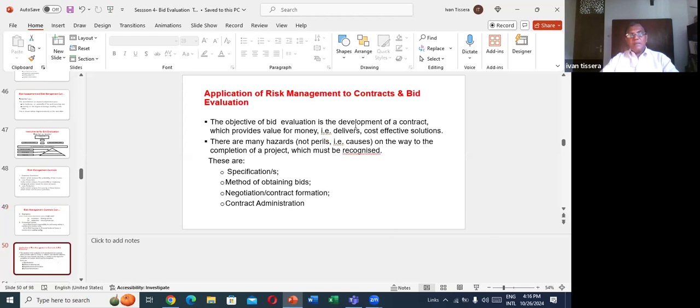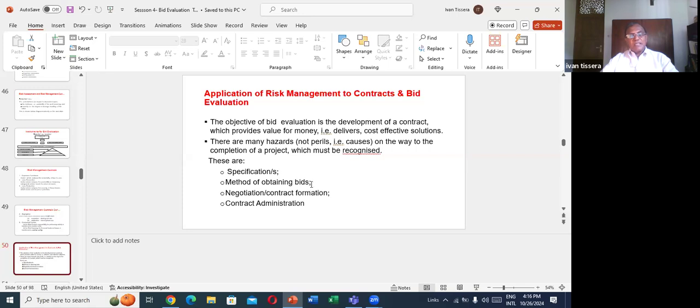The objective of bid evaluation is the development of a contract which provides value for money, always we say, cost-effective solutions. There are many hazards, not perils, i.e. causes, on the way to the completion of a project, which must be recognized. There may be some risk when we prepare specifications.